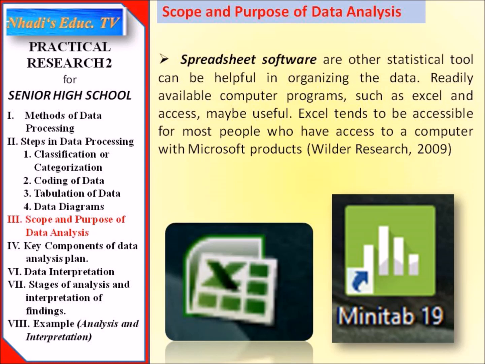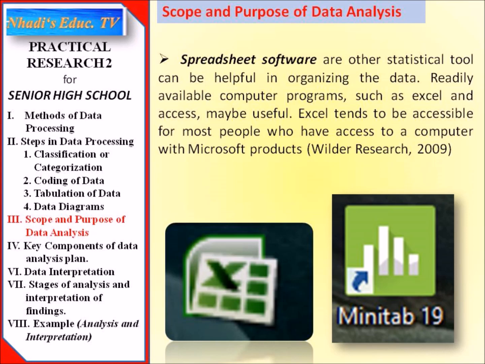According to Wilder Research of 2009, spreadsheet software or other statistical tools can be helpful in organizing the data. Readily available computer programs such as Excel and Access may be useful. Excel tends to be accessible for most people who have access to a computer with Microsoft products. As you can see in this example, we have here the Minitab 19 and the Microsoft Excel, which is the very common statistical software that the researcher used.